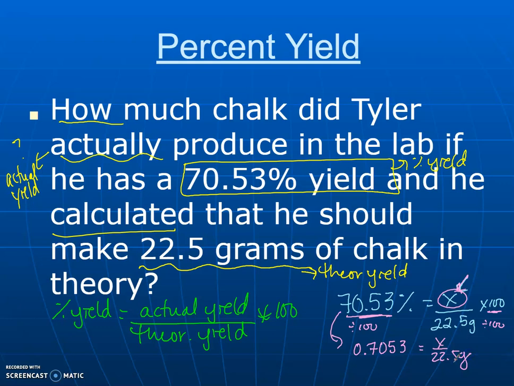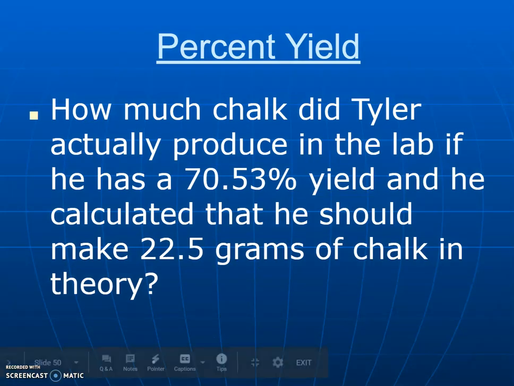And then we need to get rid of the denominator by multiplying this side by 22.5 grams, and since it's an equality, multiplying the other side as well. So you're really doing just 22.5 grams times 0.7053, which is 70%. You're really just taking 70% of the 22.5. And when you do this and type it into your calculator, you get 15.87 grams that he actually made.